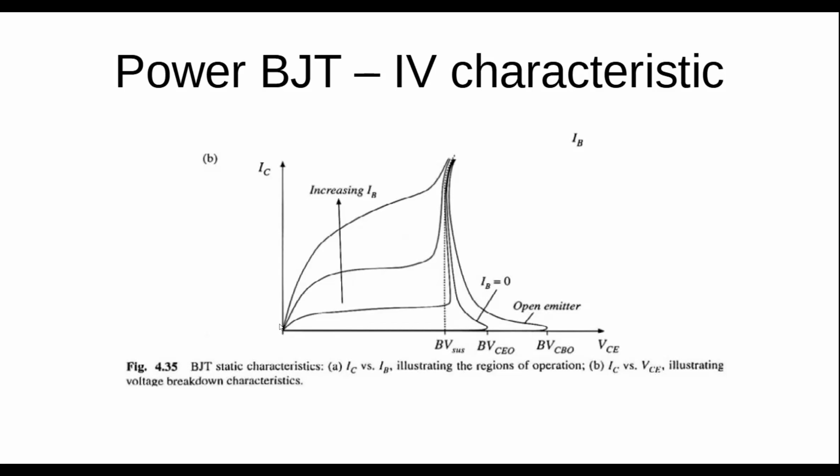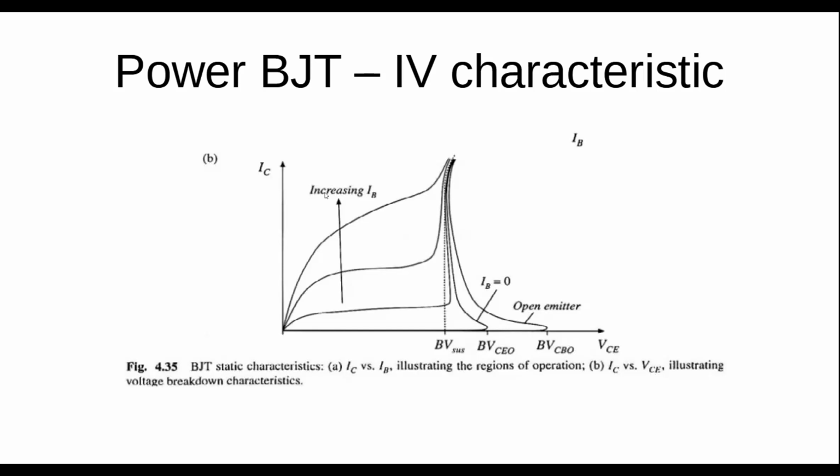Hard saturation is what we would normally think about when we are thinking about normal saturation. With hard saturation, the VCE saturation voltage would be very small, would be out here, and we would have a large current flowing. Then there's the other region, quasi-saturation.